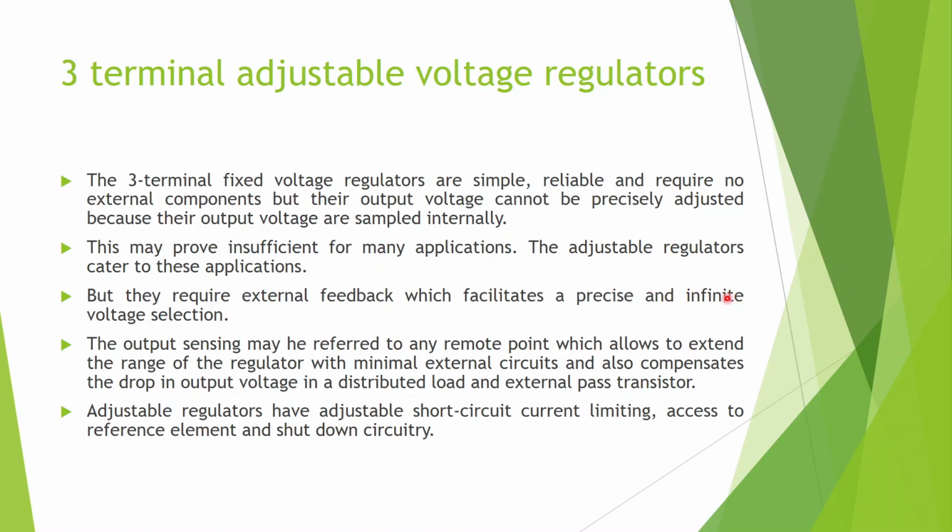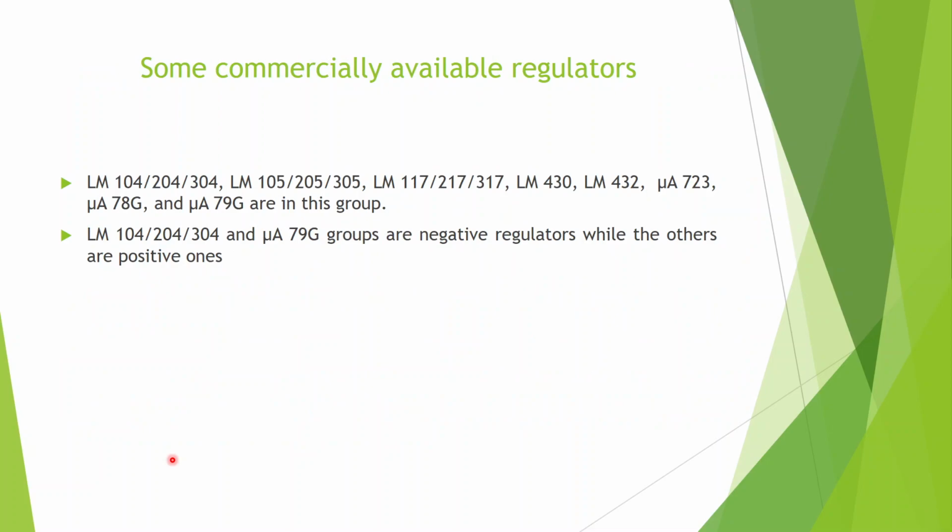This adjustable voltage regulator would require external feedback and external components, due to which you can precisely select the output voltage. And these external adjustable voltage regulators also have protections like short circuit and shutdown circuitry, and they need to have access to the reference element, that is the resistor network outside, which gives the feedback to the IC inside.